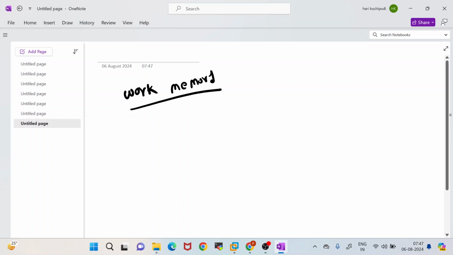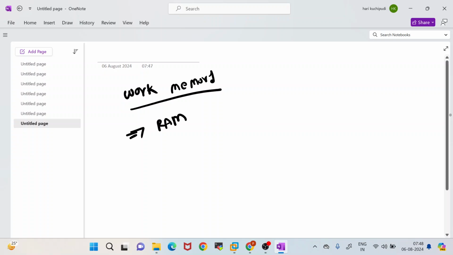So what does work memory mean? Work memory is a local memory area. When I say local memory area, each and every process will be assigned this work memory. It is not a common memory area accessed by all the background processes. It is local, or private, to the process. This work memory is also a RAM based memory area.